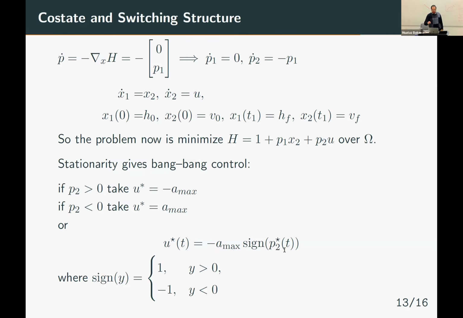So the sign of P2 takes either 1 or minus 1. In the book, there is no A max, it's just minus 1 and 1. So this is a more general treatment of the problem.